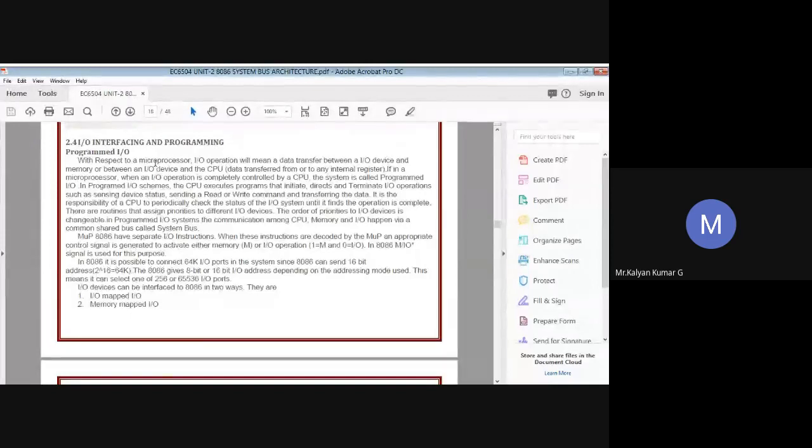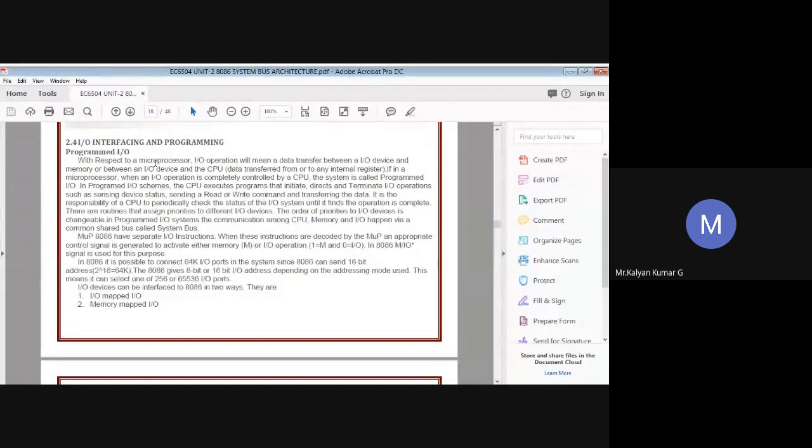Normally, what does data transfer schemes mean? Data transfer between your peripheral devices.